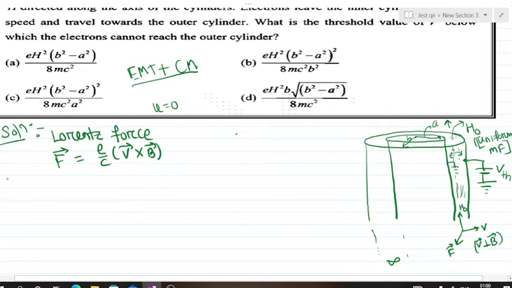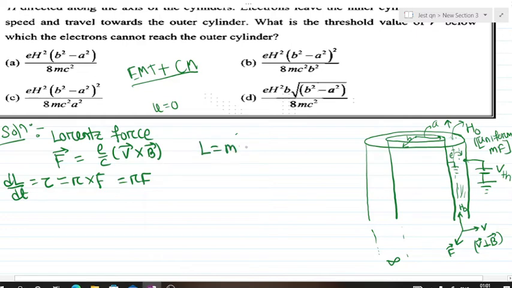And as you know, dL by dt is equal to the torque, and torque is equal to r cross F. Here r and F are perpendicular to each other, so we can write rF. And L is the angular momentum.